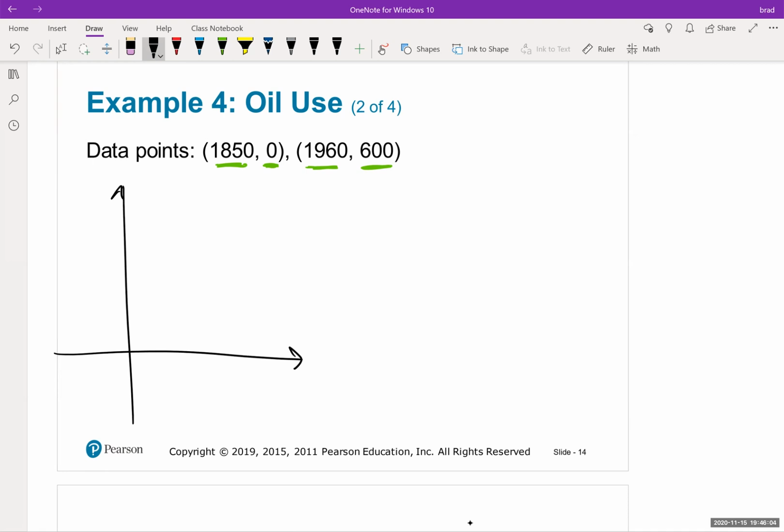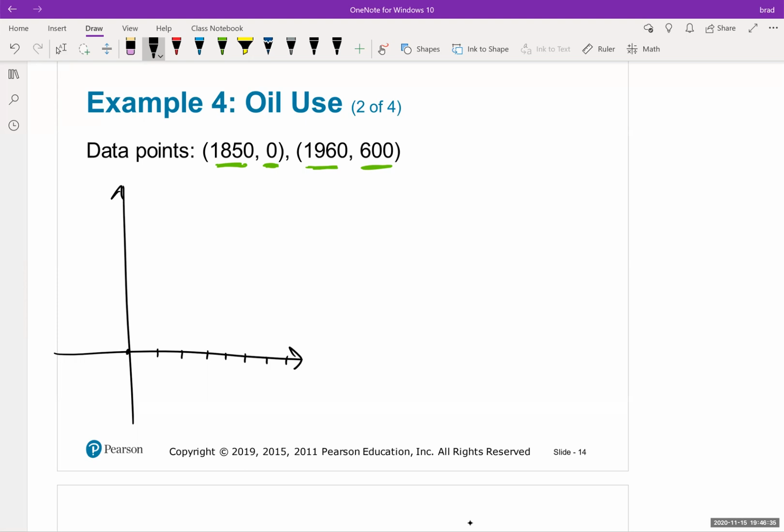So let's go 1800. Geez, I don't want to go all the way up to 1960. Let's go, 1850 is 0, right? So this is 0. This is 1, 2, 3, 4, 5, 6. Okay, so let's go by 5s.